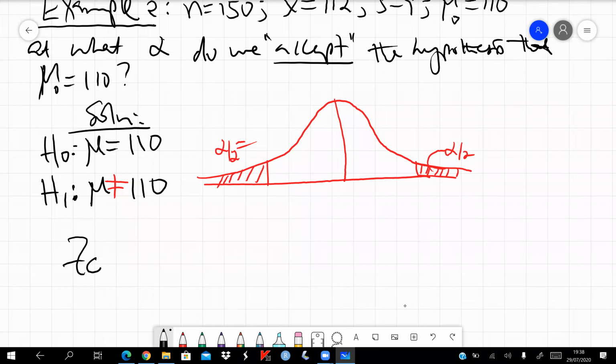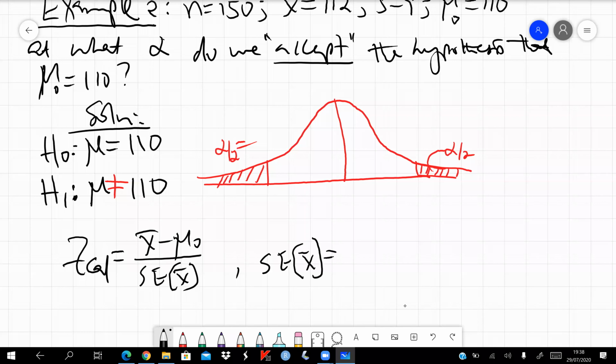Z-calc will be X bar minus mu naught over the standard error of the mean, where standard error of mean will be s over root n.